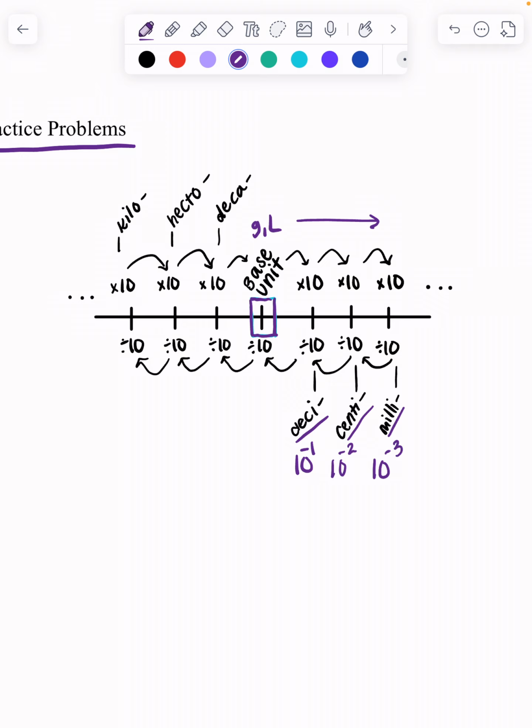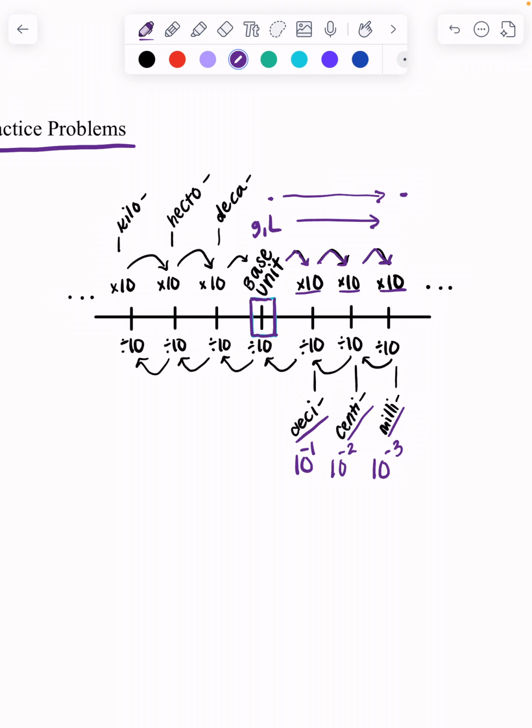And how you get there from the base unit, going to the right, is to multiply by 10, multiply by another 10, so multiply by 100, or multiply by 1,000, right? You're going from bigger units of measurement over here to smaller units of measurement over here, and that means that you will have to multiply.